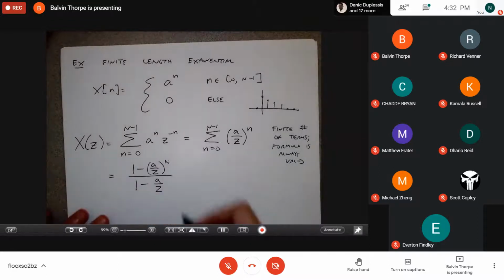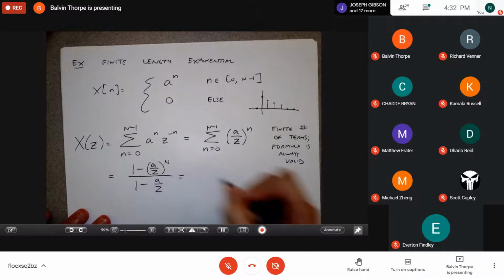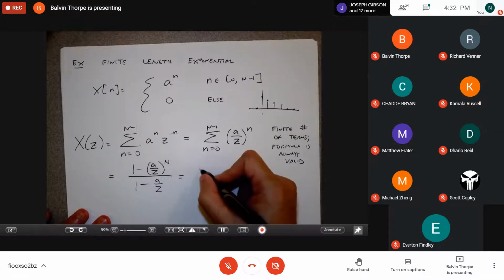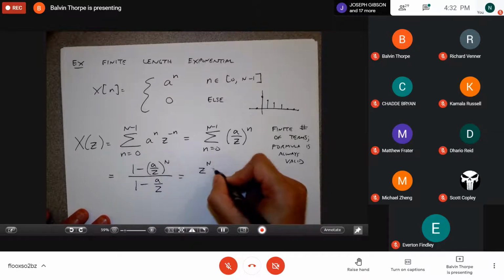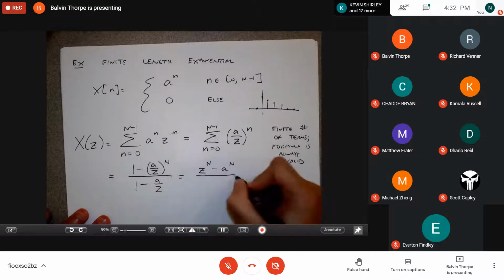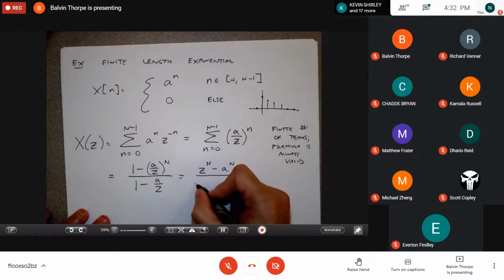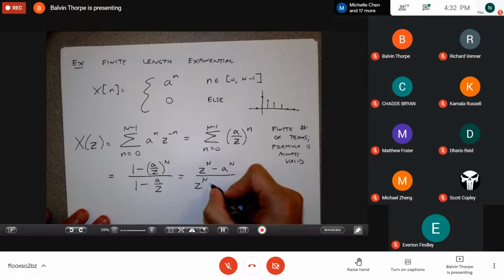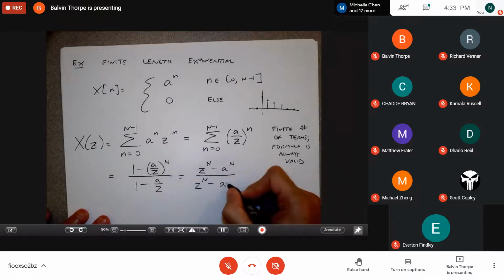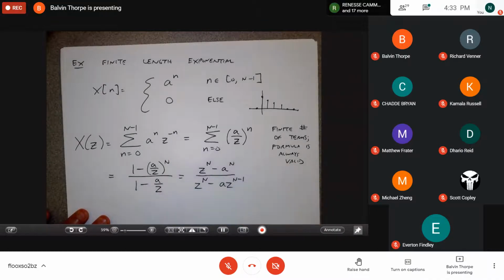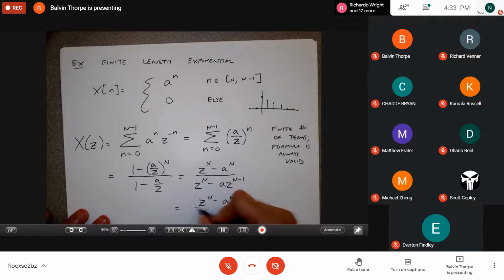And so if I multiply everything through by a z to the n power, what I get here is z to the n minus a to the n over z to the n minus a z to the n minus 1, which is a different way of saying z to the n minus a to the n over z to the n minus 1 times z minus a.